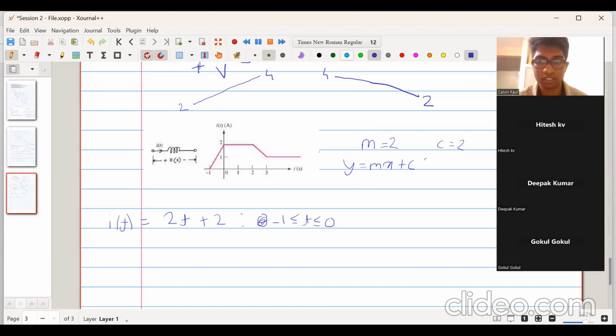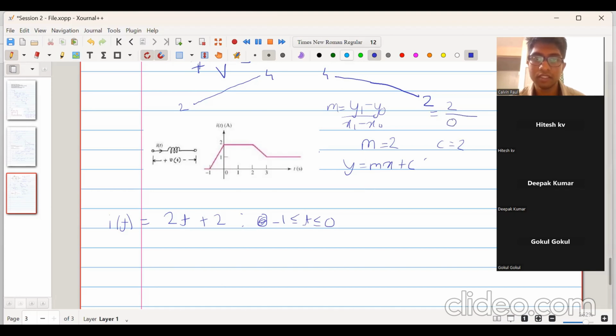How is m equal to 2? m is equal to y1 minus y0 upon x1 minus x0, between any two of these points. We consider the point t equal to 0, where y is equal to 2, and x1 is 0.